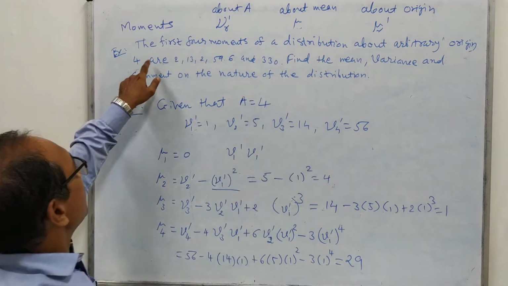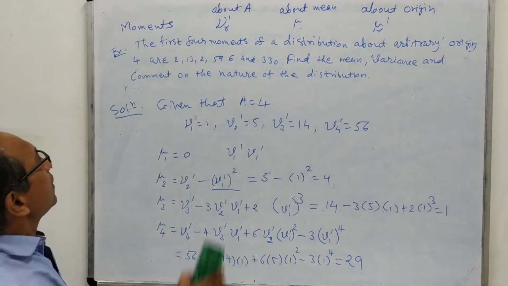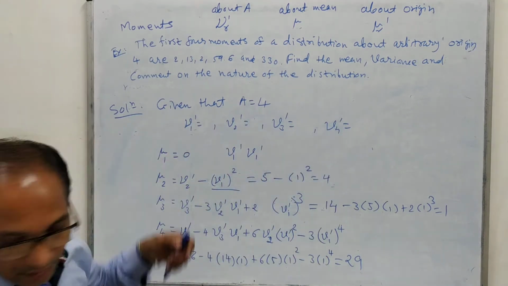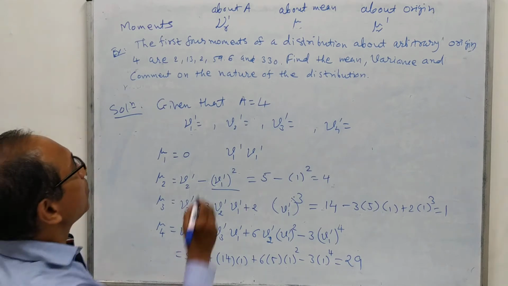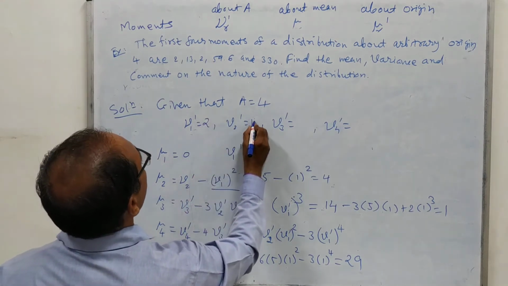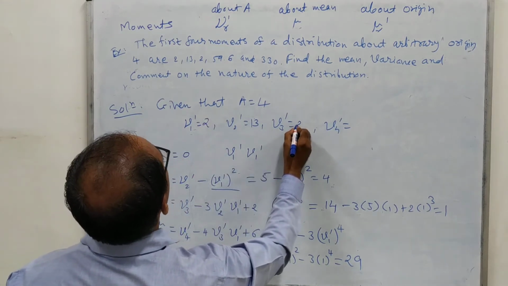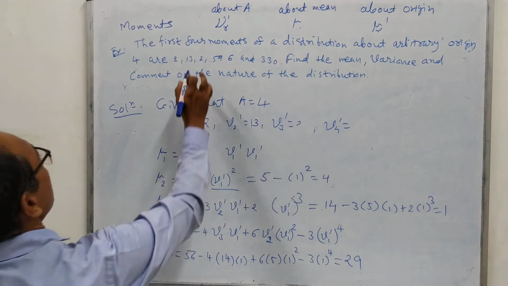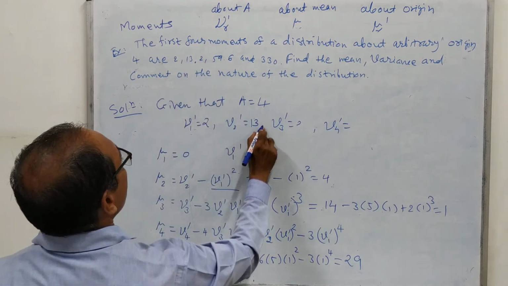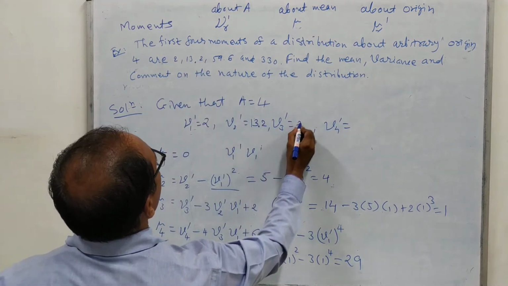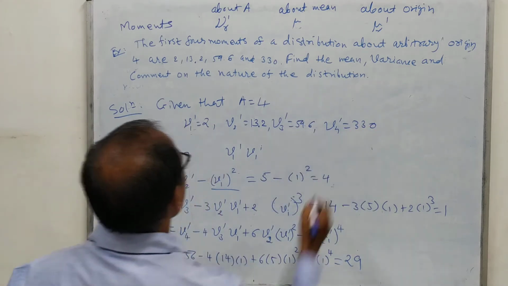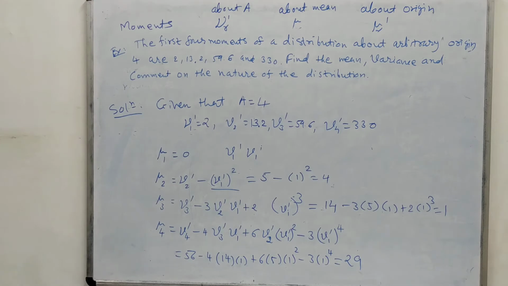Here 4 is given and the values of nu1 dash, nu2 dash, nu3 dash and nu4 dash are 2, 13.2, 59.6 and 330. So these values have been given to us.